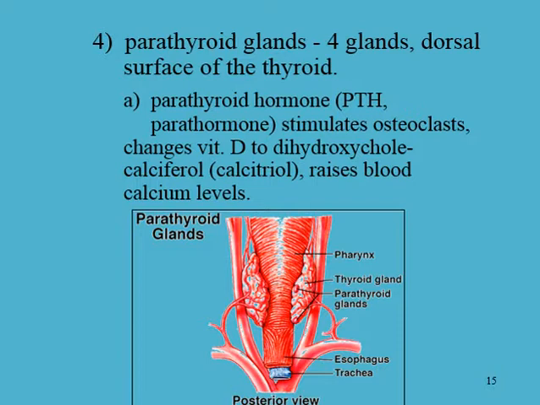So at some point, if you're in for a physical, you might ask your doctor, gee, could you run a vitamin D test on me? Or, alternatively, about 15 minutes of one arm being exposed to the sun a day without sunscreen will raise your vitamin D levels. And you said that it changes vitamin D in the kidneys.